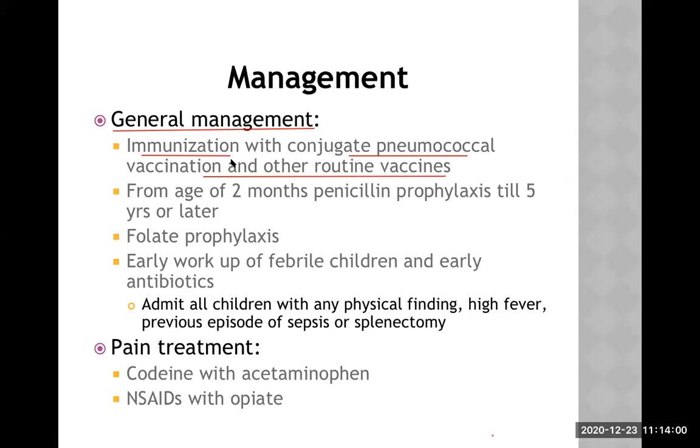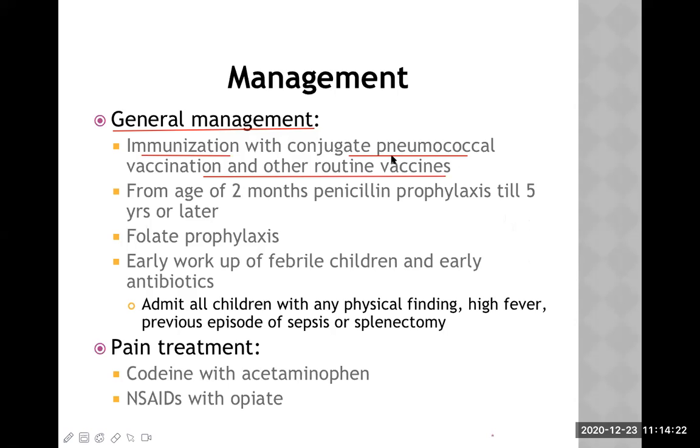Okay. Now, listen here. Okay. You have a bit forgotten the definition of conjugate vaccine, which we have done already in the immunization topic. Now, pneumococcal vaccines are of two types. One is called polysaccharide vaccine and another is a conjugate vaccine.